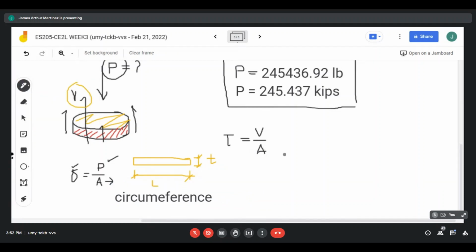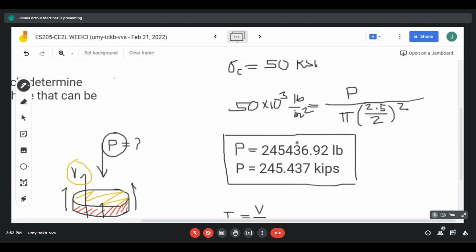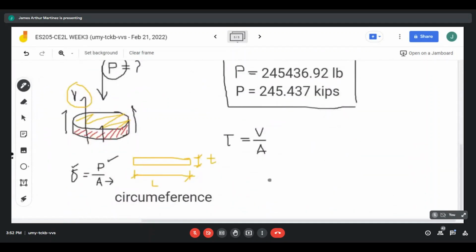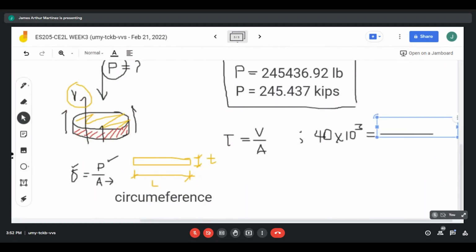Okay. So we have a shear stress limit of 40 KSI, so 40 times 10 to the power of 3 is equal to V, which is P, 245,436.92 pounds. Since the shear stress is in pounds per square inch, we divide by the area.